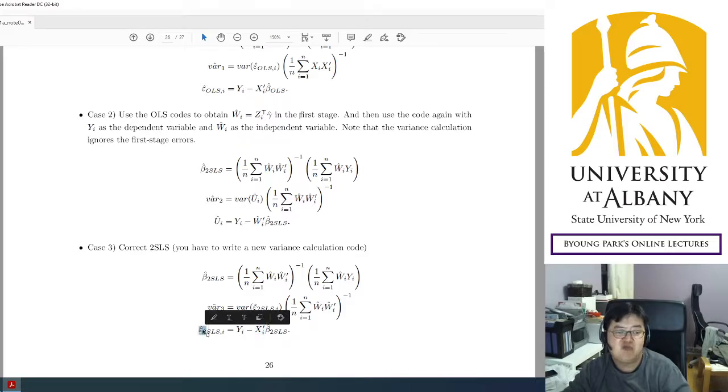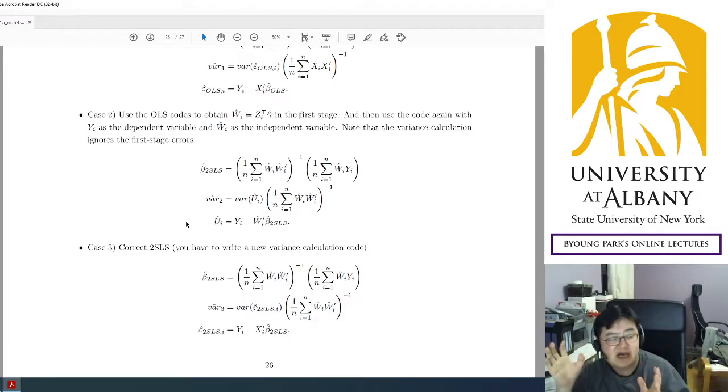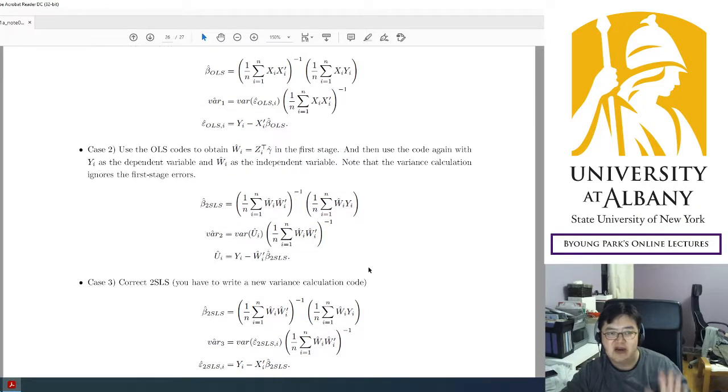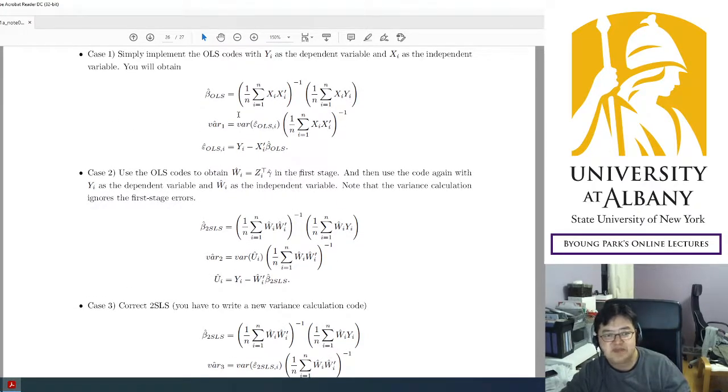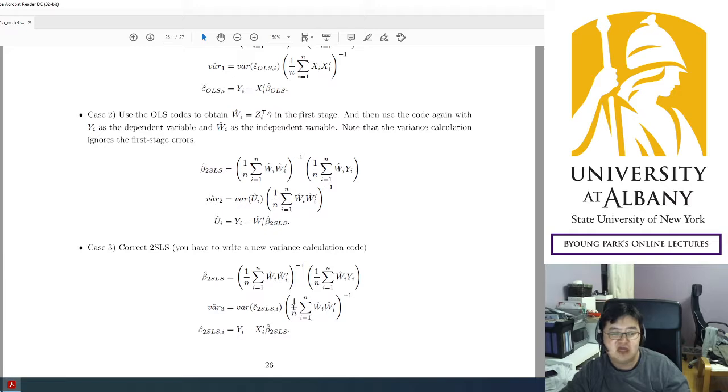We only need epsilon, not u. u includes epsilon plus beta psi, but the beta psi part is cancelled out by the first stage errors. So this is what you have to do, but you need to write new code if there is no two-stage least squares function in your program. Anyhow, you have to see the differences between the simple OLS, applying OLS twice without adjusting for the first stage estimation, and third, the correct method.